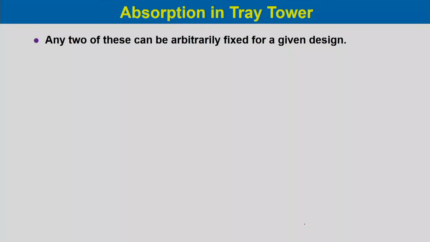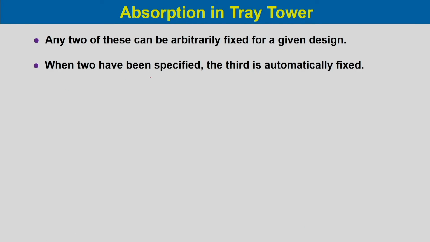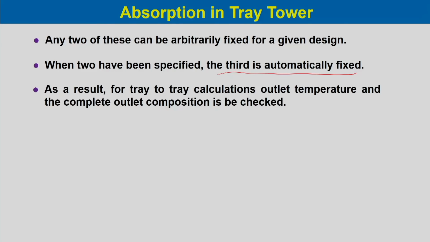Now, among these three, if any two can be arbitrarily fixed for a given design, then when the two have been specified, the third is automatically fixed. So, out of these three variables, if we can decide any two, the third will be automatically fixed.